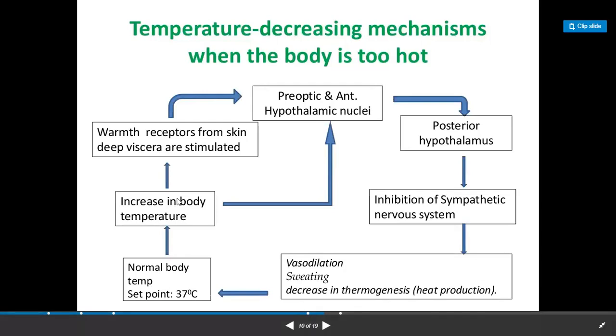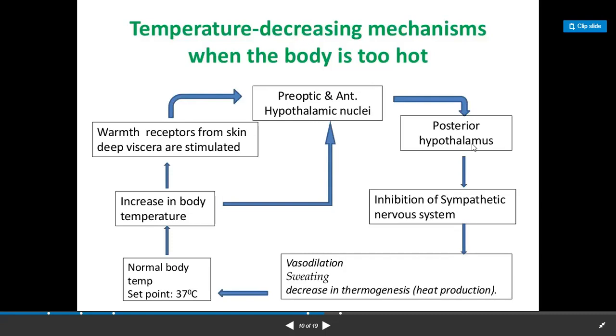And then warmth receptors from the skin and the deep viscera detect this temperature, and they are stimulated, and then they send messages to the preoptic and anterior hypothalamic nuclei. And then these signals are sent to the posterior hypothalamus.